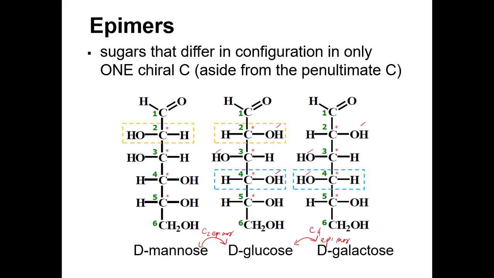So, carbon number 4 epimers, ang glucose and the galactose. Okay? When you say epimers, they have roughly the same chemical structure, but they only differ in one chiral center, in one carbon.